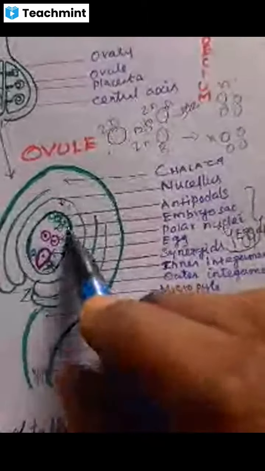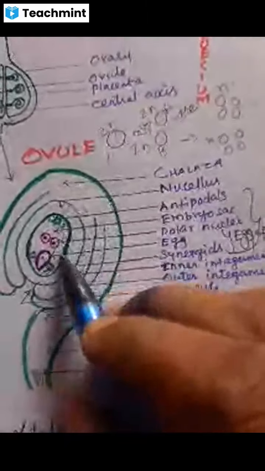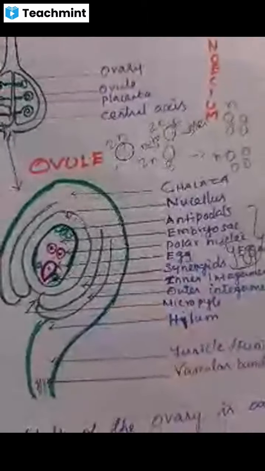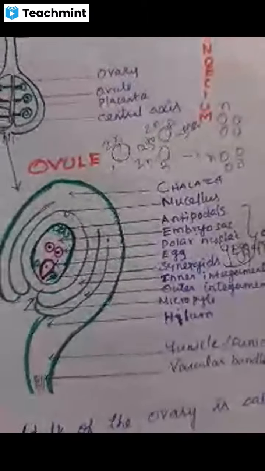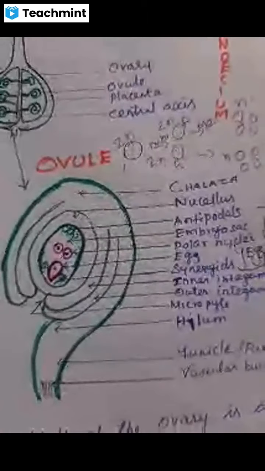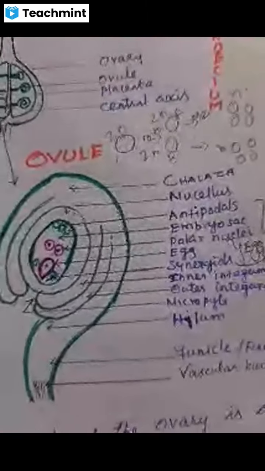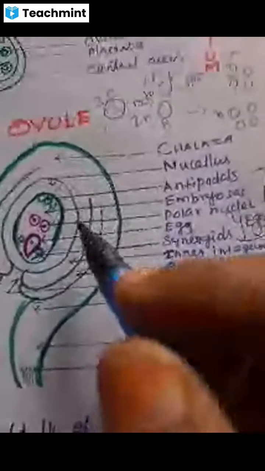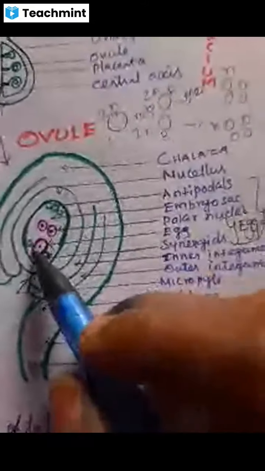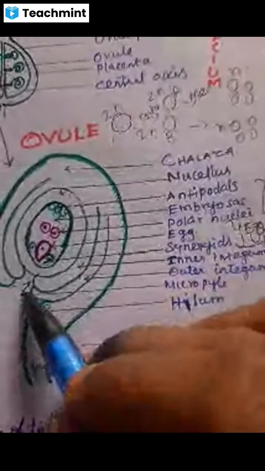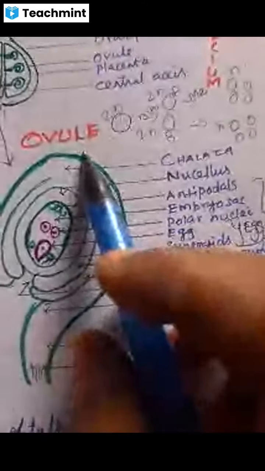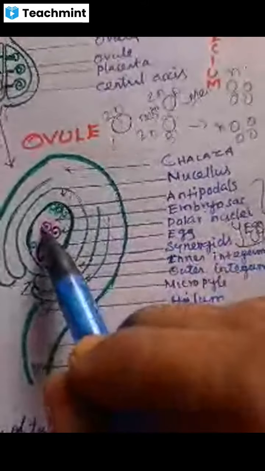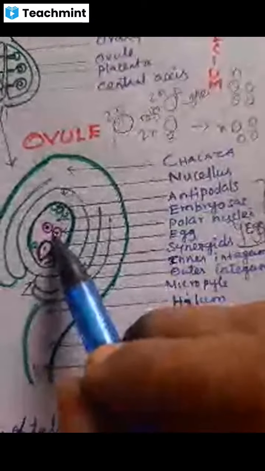So this egg apparatus, polar nuclei, antipodals, all together they are present in the ovule. They are nothing but an 8-nucleated and 7-celled structure. How is it 8 nucleated? 3 nuclei at the micropylar end, 3 nuclei at the chalazal end, and the remaining 2 nuclei are present at the center.